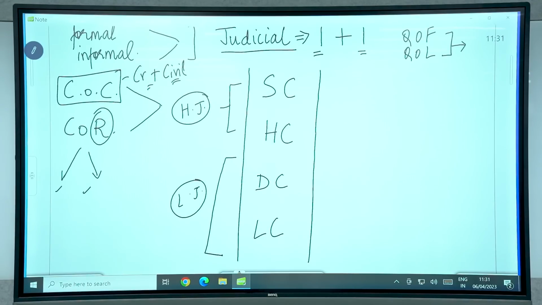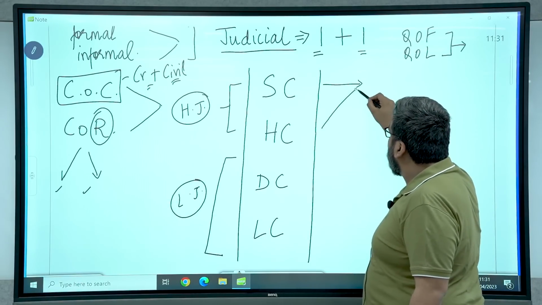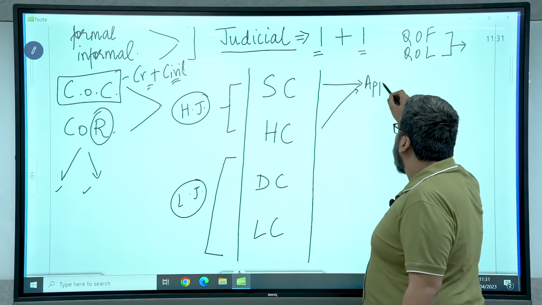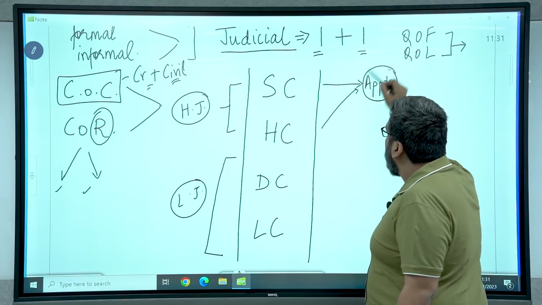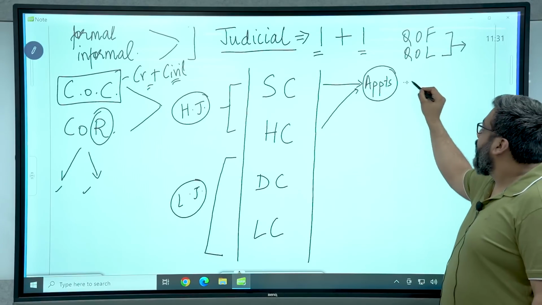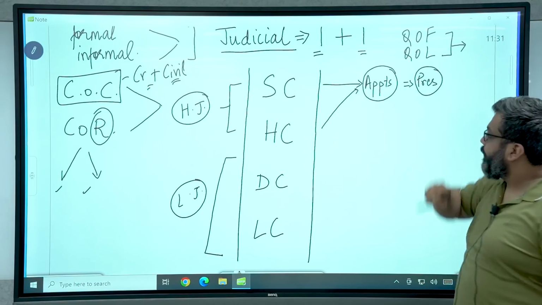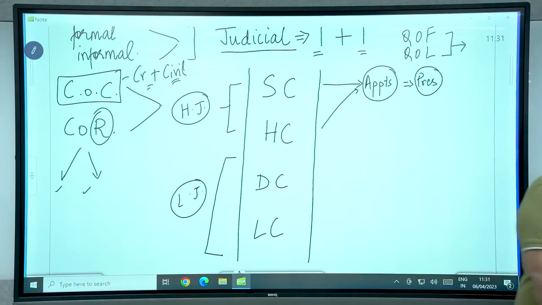Now, the appointments to both the Supreme Court and High Court judges are made by the President.